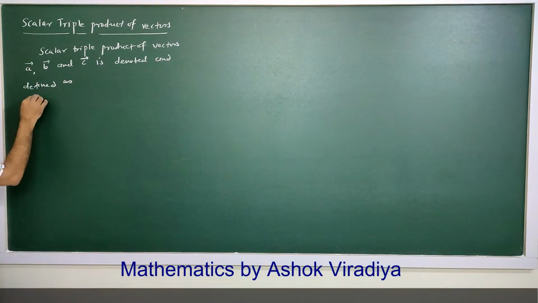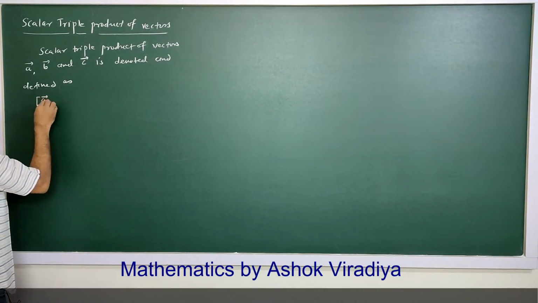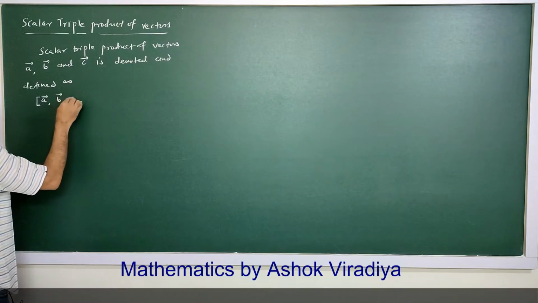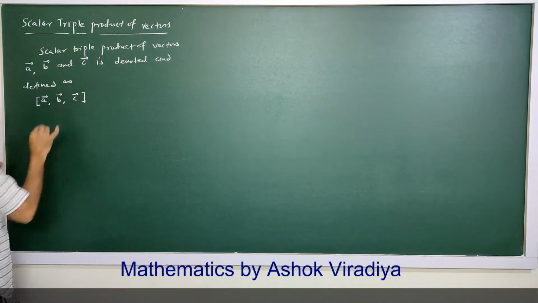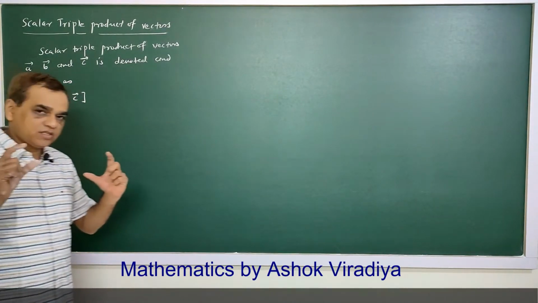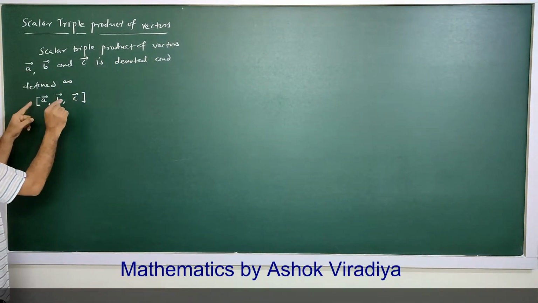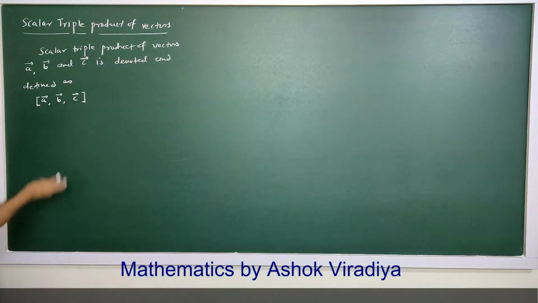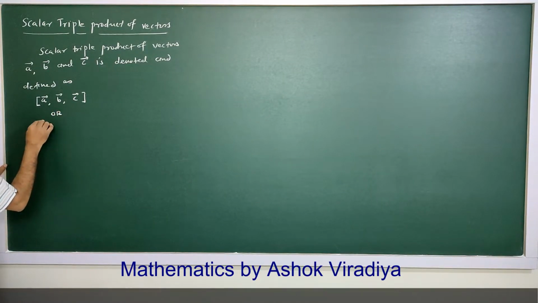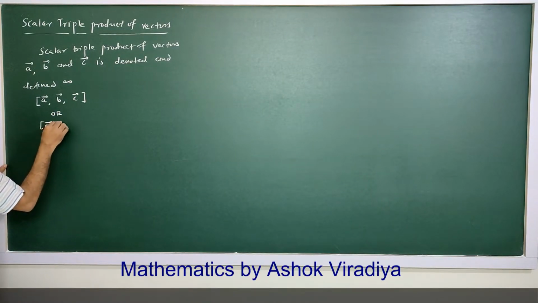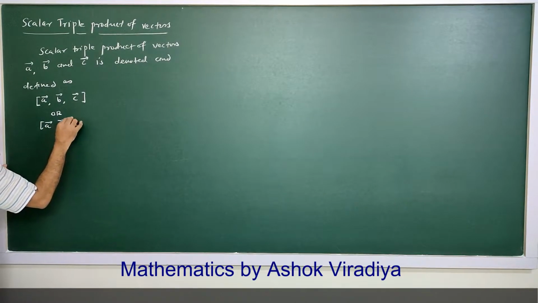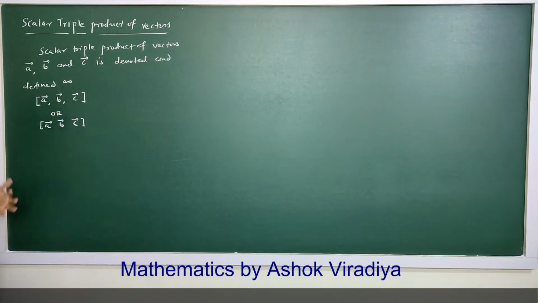Say the notation is in a box, keep vector A comma vector B comma vector C. So in a rectangular bracket, keep vectors separated by comma, or we can also put these vectors without a comma. So both symbols are allowed.